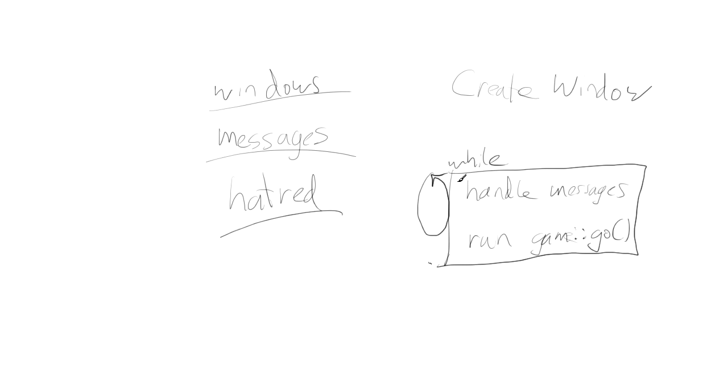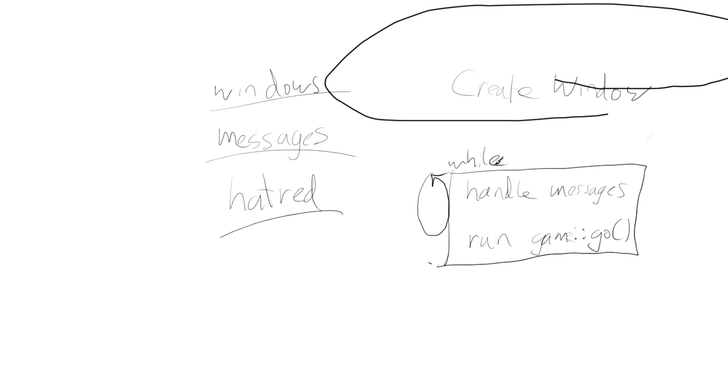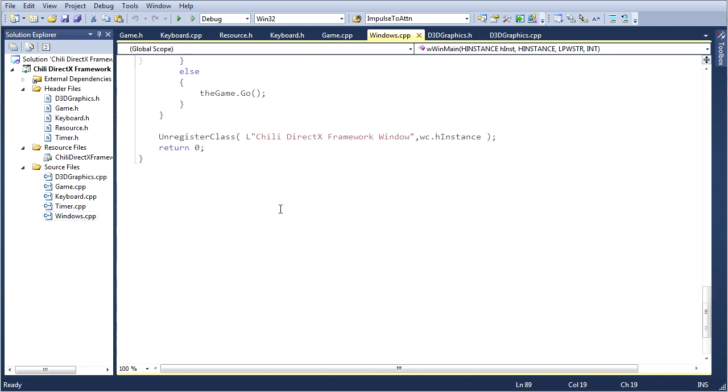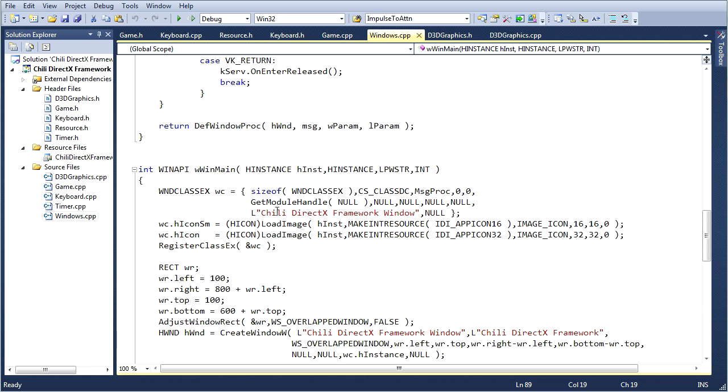Now the trick is, first of all, how you create your window, and second of all, how you handle the messages. And that's what I'm going to be talking about today. So, there are two parts to creating your window. The first part is you have to register a class of the window, which is kind of similar to classes in C++.